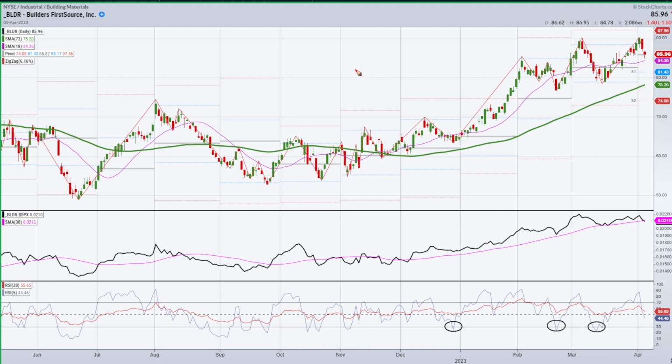Now, what I've noticed is if you get an interim decline in the market where the market decides to sell off for a bit, you can go look at the stocks that are showing the strongest relative strength and look for the ones that get that RSI down under 30 like this. It's always nice to have this confirmation with the RSI 20 holding above 50. Then we know we can be a little bit more aggressive on an upturn.